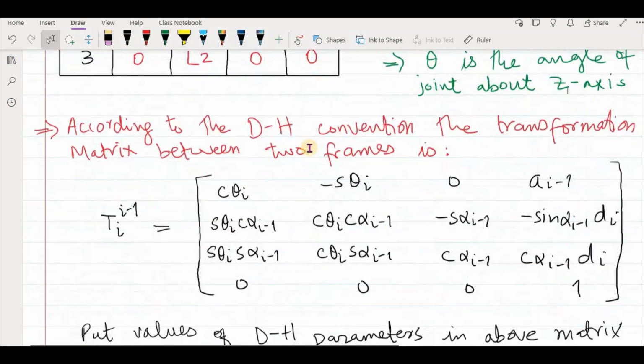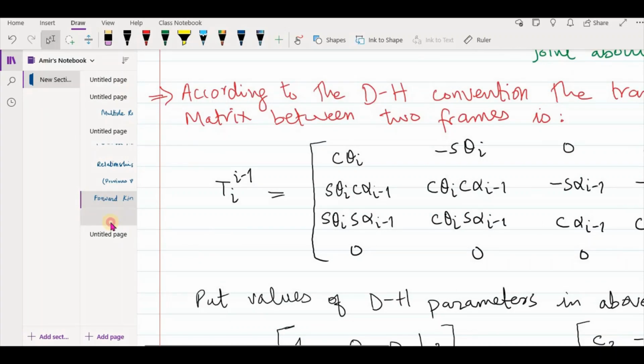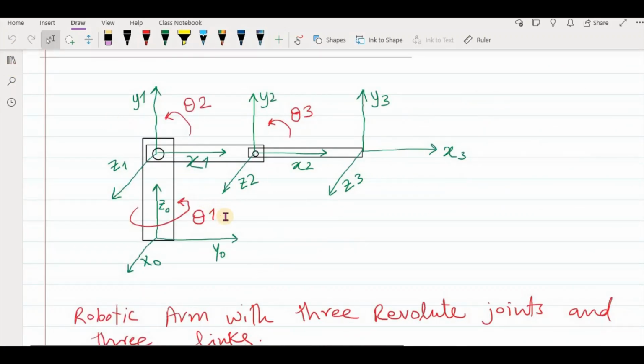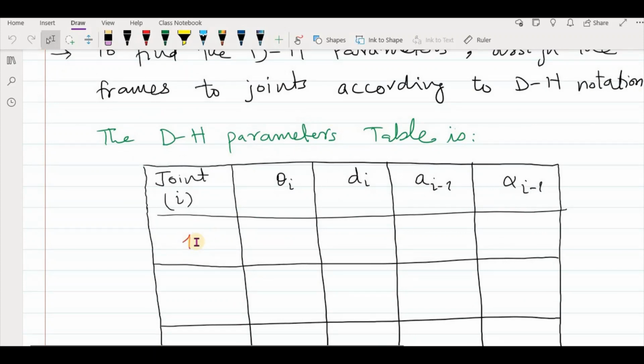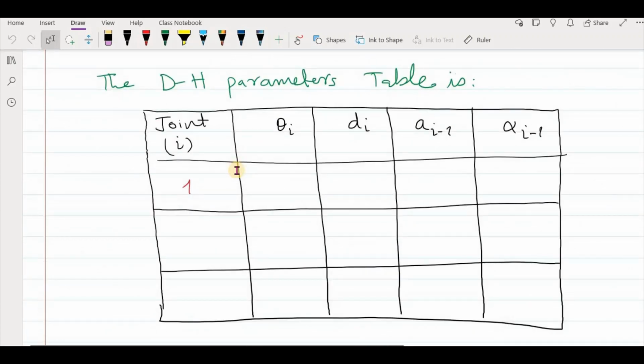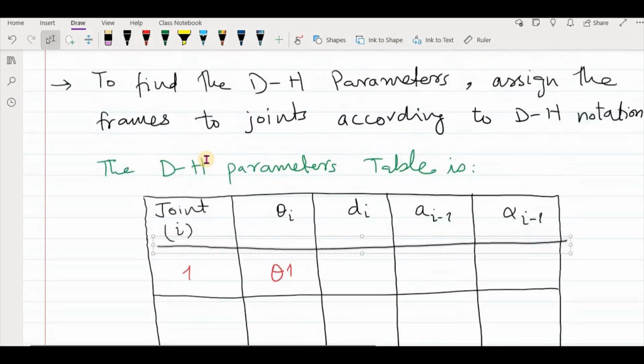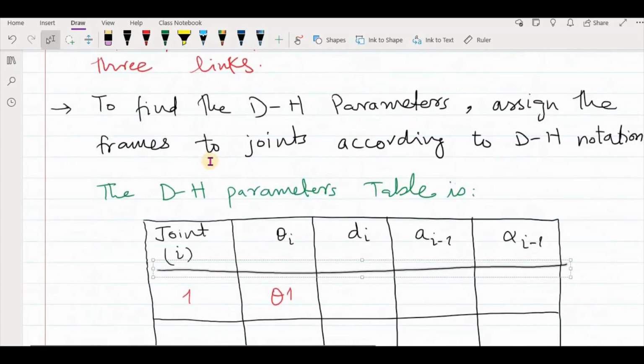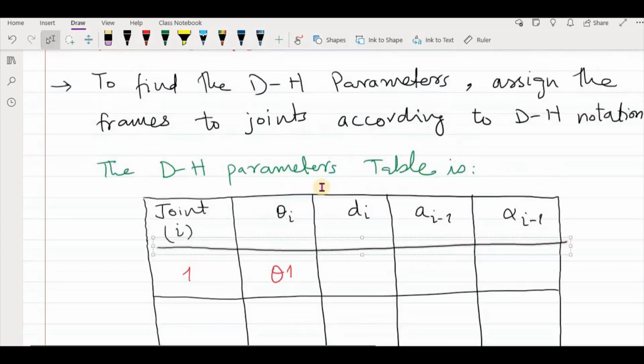So now let's see how we can find the angle theta. For joint 1 or the frame 0, the angle of rotation is about the z-axis and its value is theta 1, so we just put here angle theta 1. Now the angle has been described. The second thing is we need to define the offset d.